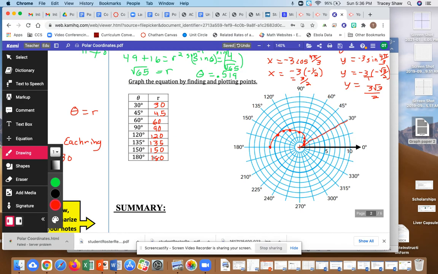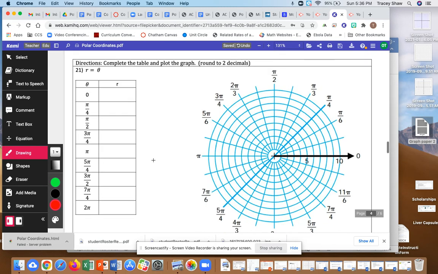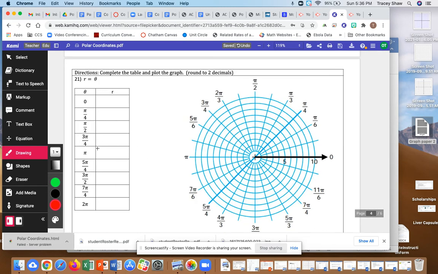Now, one of the problems you're going to have to finish up gives you r equals theta, and it is in radians, okay? If you like, you can always take your calculator and convert these to a decimal. So if I take pi over 4 and divide that out, pi divided by 4, that would be 0.785.